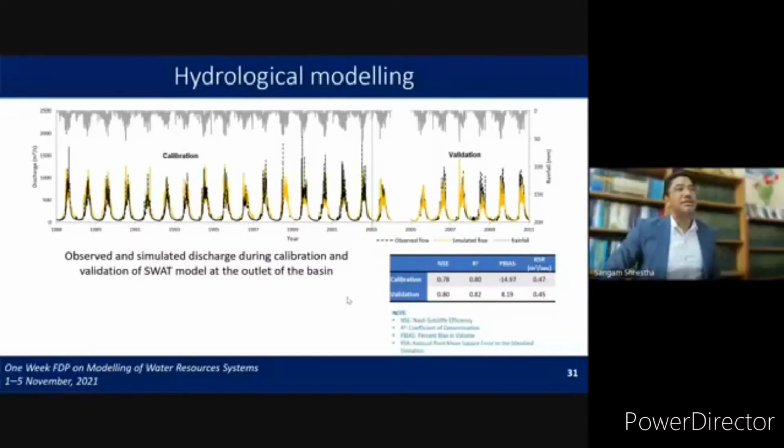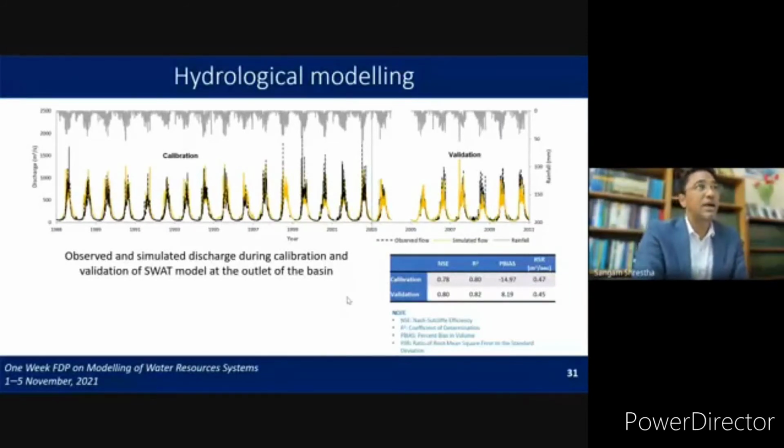Okay, so as I mentioned before, we calibrated and validated the SWAT model to see how it captures the hydrological processes of this river basin. The calibration and validation were performed at the basin outlet and also the upstream of the basin.